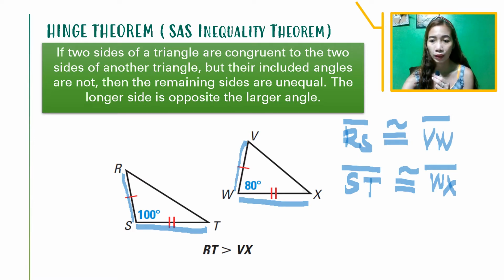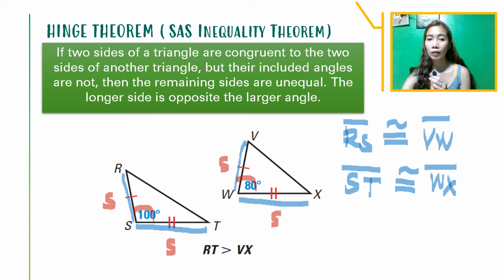So, ano yung included angle? Remember class, the included angle is the angle na na-form between the two sides involved. So ito yon. Di ba ito ay side, this is side. Ano yung na-form na angle? This one and this one.